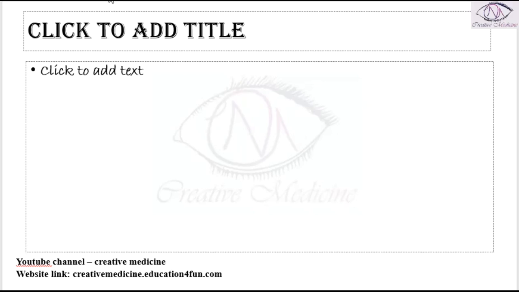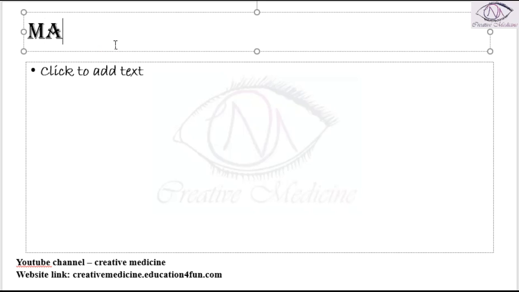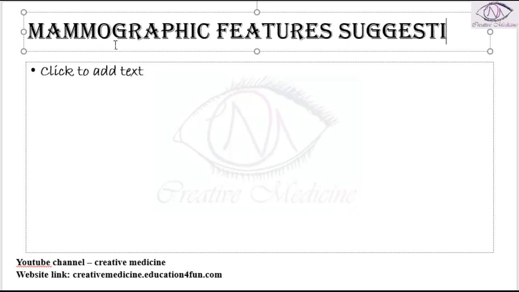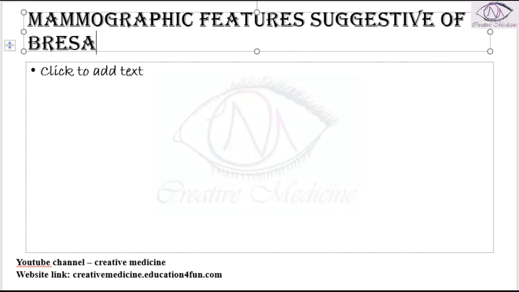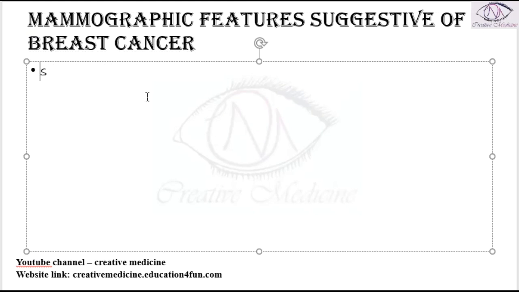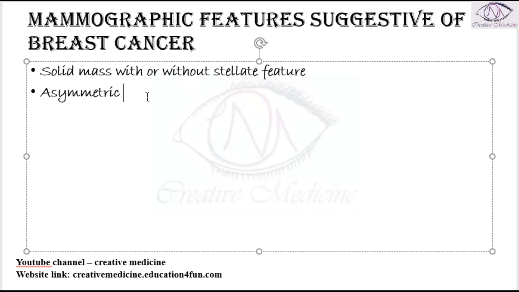Then what are the mammographic features which are suggestive of breast cancer? First, a solid mass may be seen with or without stellate margins. Second, asymmetrical thickening of breast tissue is seen.